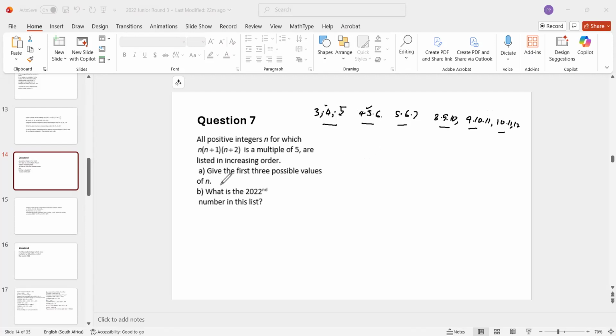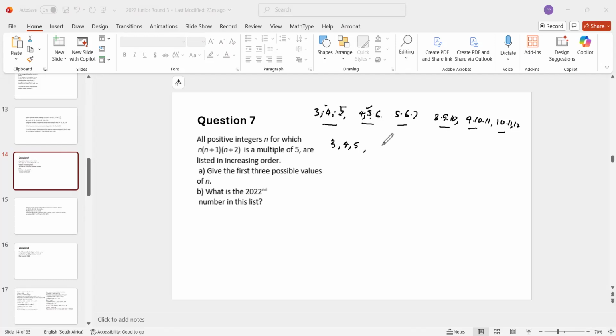Okay. Now, every one of these, I'm going to put them in the form of a sequence. So 3, 4, 5.